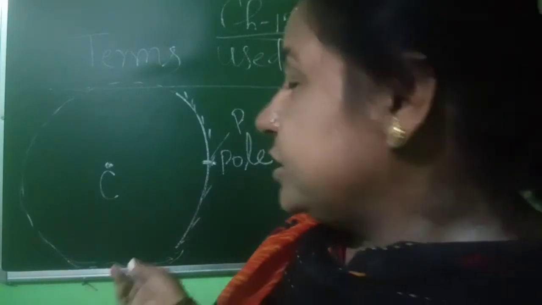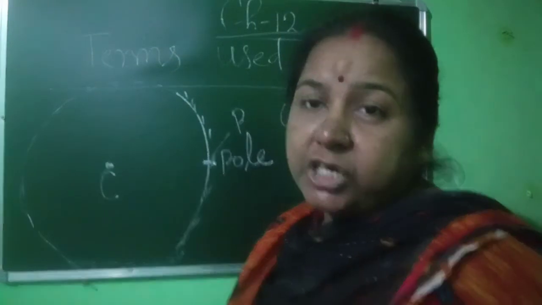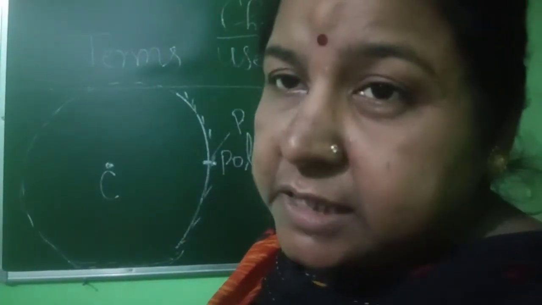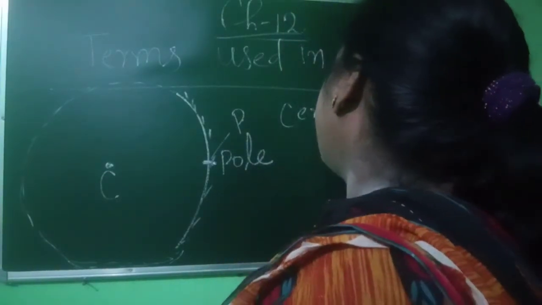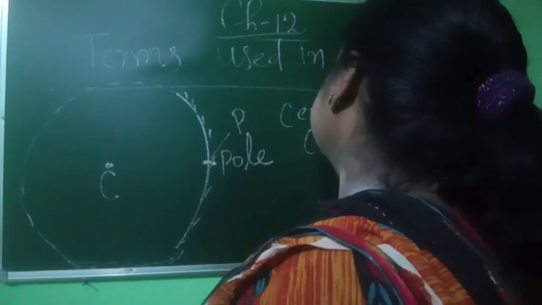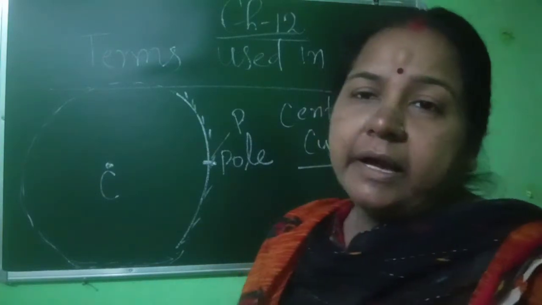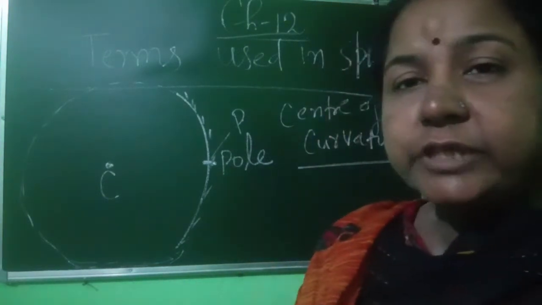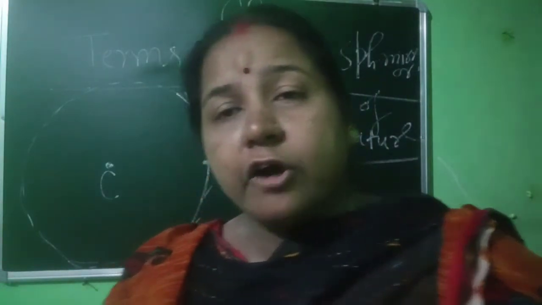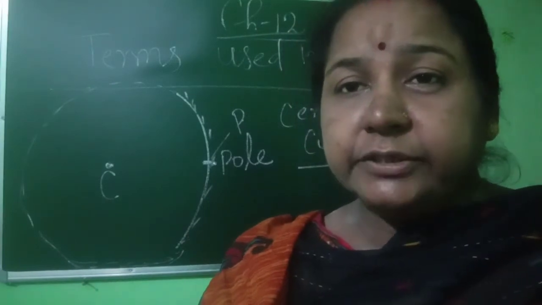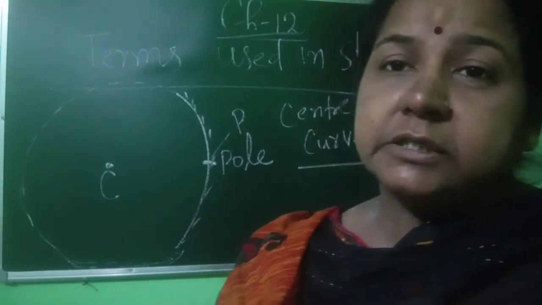Understand? C is the center of the sphere, that is the center of curvature of the spherical mirror. Now the center of curvature is the center of a sphere of which a spherical mirror is a part.